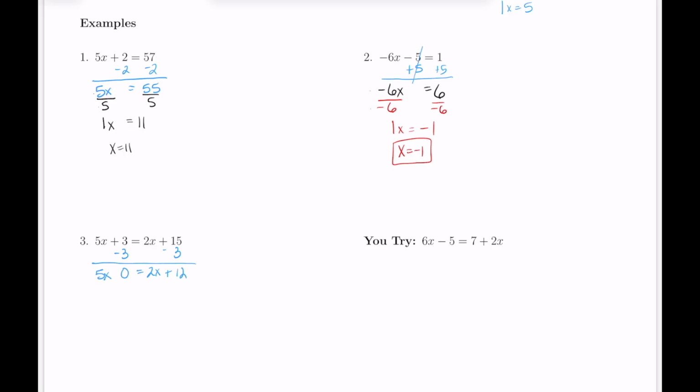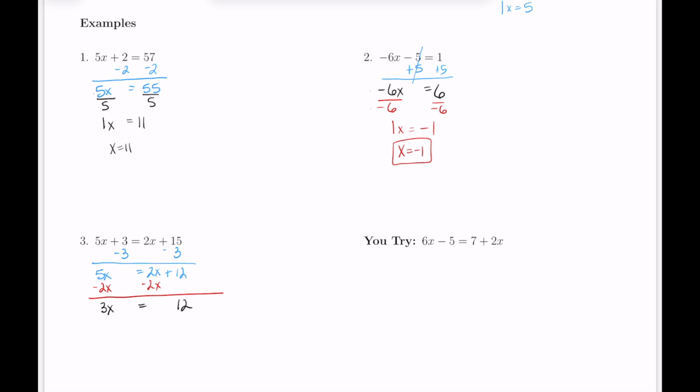Again, you can choose to write it or not. The next thing you might do then would be to subtract a 2x from both sides of the equal sign. And then I have 5x minus 2x is 3x equals 12. And we're right back there. It just took us one more line to do it. That's totally fine.